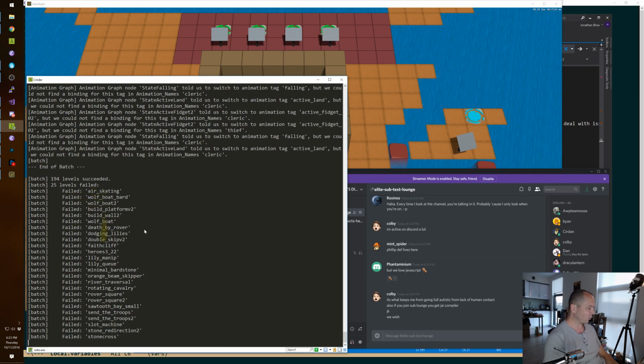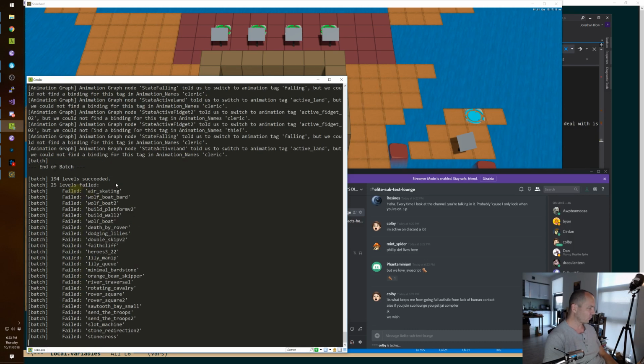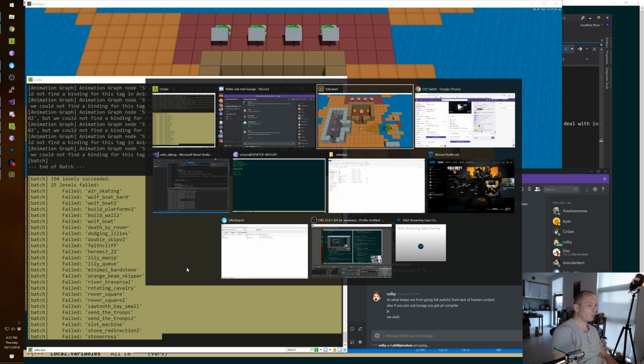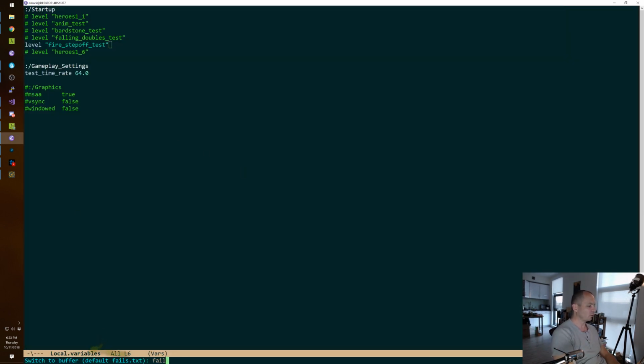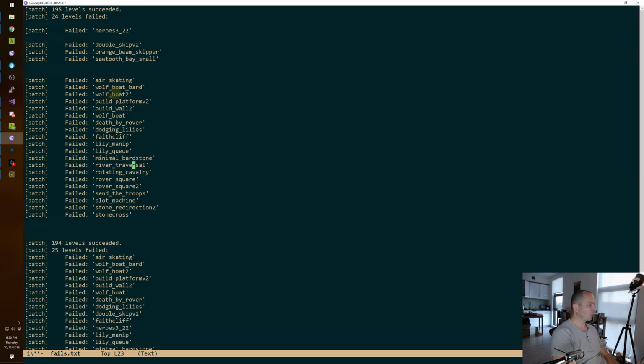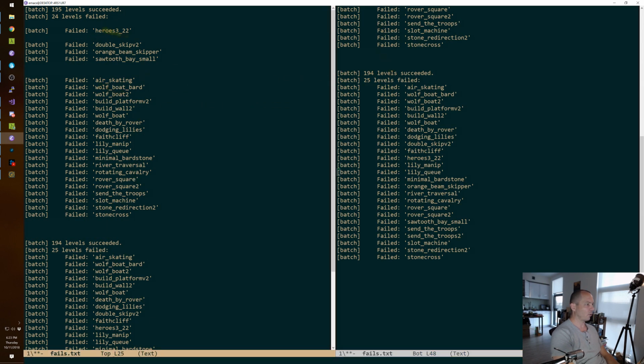25 levels failed. Uh-oh. Let's see what is new that failed. Now is when I regret reordering the other ones. Okay, so air skating, wolf boat, build platform, build wall, wolf boat, death by rover, dodging lilies.